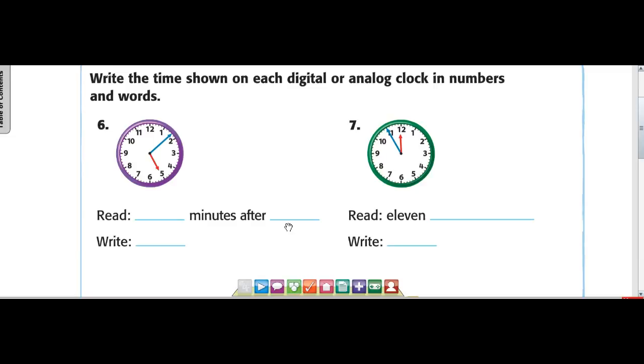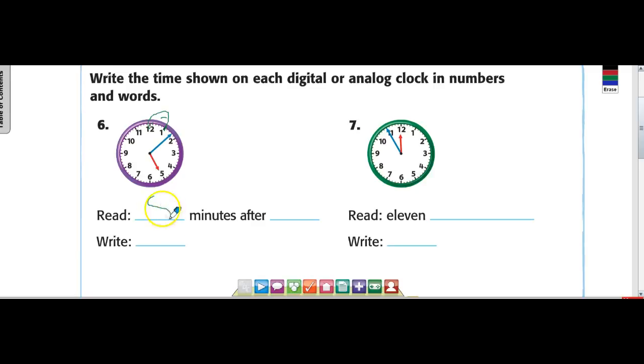Time shown on each digital or analog clock in numbers and words. So look at number 6. We're at actually 5, so it's going to be 5. How many minutes past 5? Well, let's see. From 12 to 1, that's 5, and then 6, 7, 8.